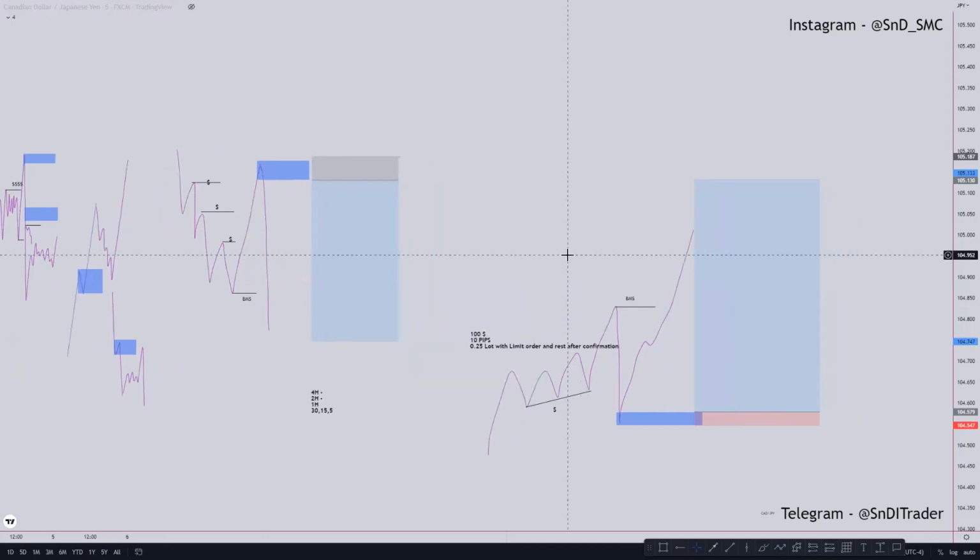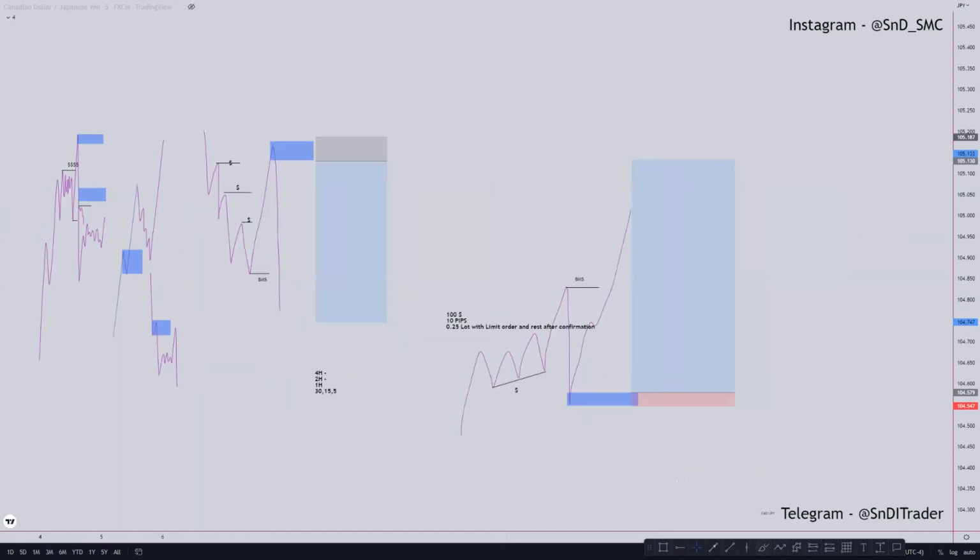Okay, so you see, if your price came inside this zone, you have 0.25 lot as a limit order and it can give a nice structure break towards the upside.